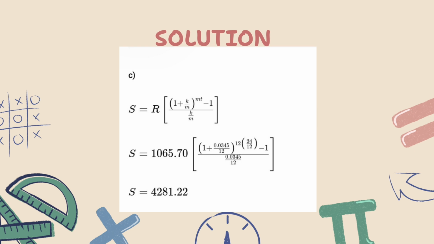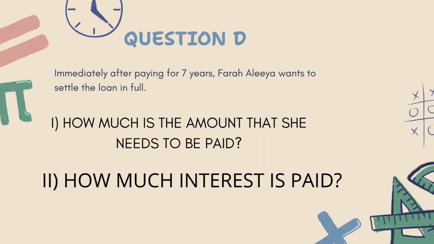Substituting all the values into the formula gives S equals 4,281.22 ringgit.